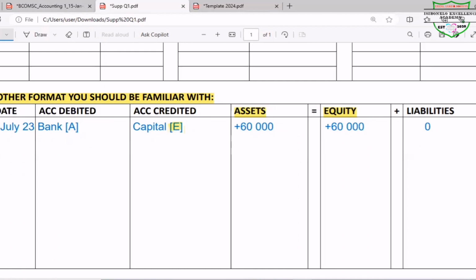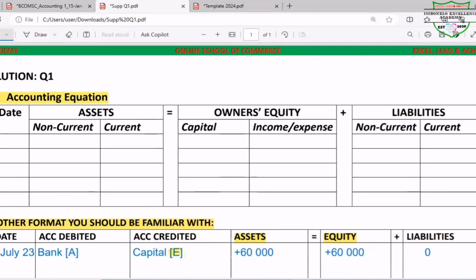But now let us use the format that is required in the question. So we're going to provide the date. So this is the format that we are required to follow in the question. So 1st of July 2023. So we said the account that is affected is bank account, which is an asset, and bank is a current asset.